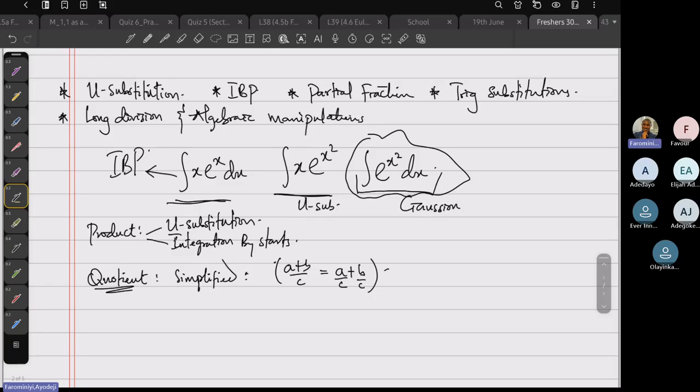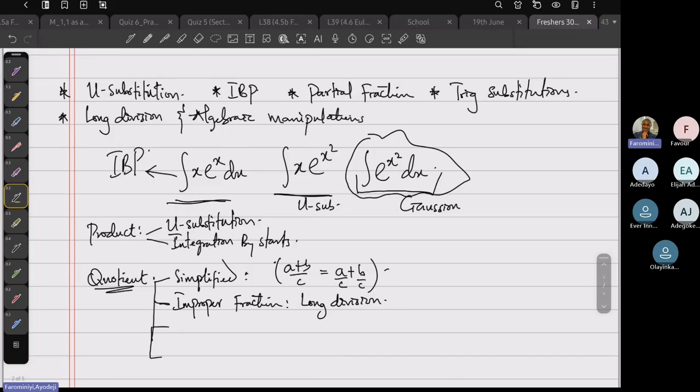Second, check whether it's a proper fraction or an improper fraction. A proper fraction is when the degree of the numerator is less than the degree of the denominator. But for an improper fraction, you have to think about long division first before you think about something else.